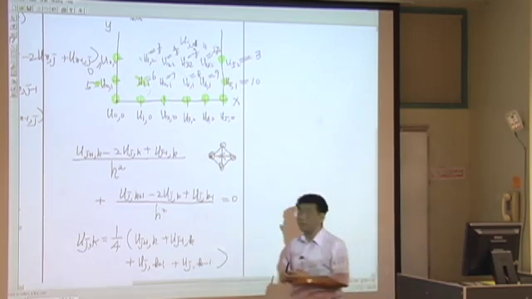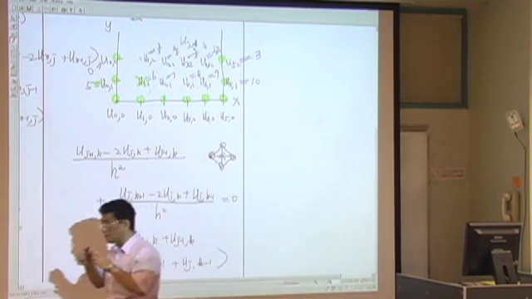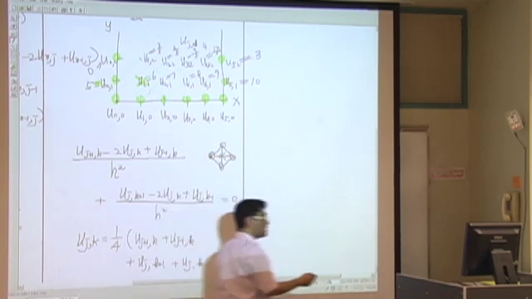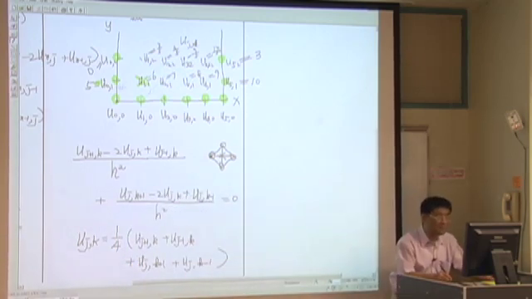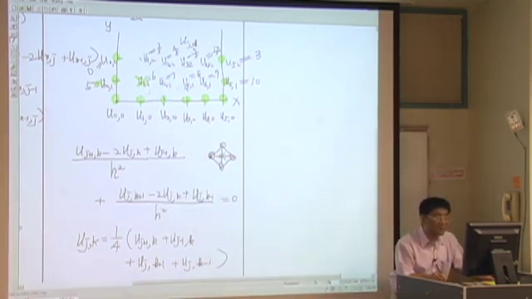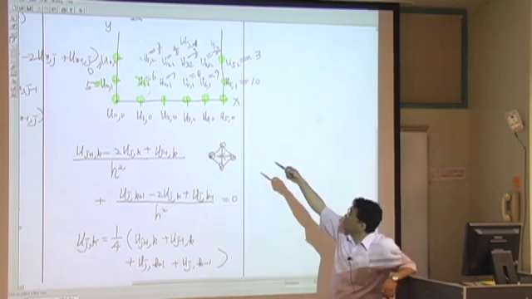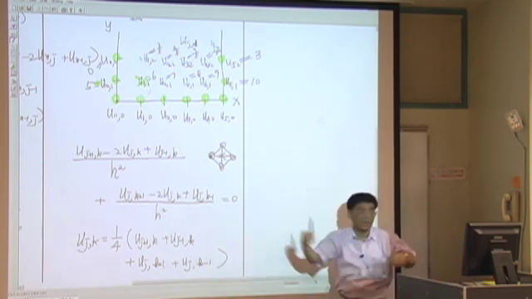Well, is one time enough? No, because it's iteration. We need to calculate one more time. So we calculate this thing one more time, and then the next one one more time. Is 2 times enough? No. These 2 times are not enough, so we need to calculate one more time.